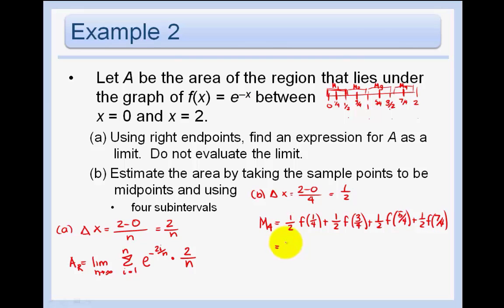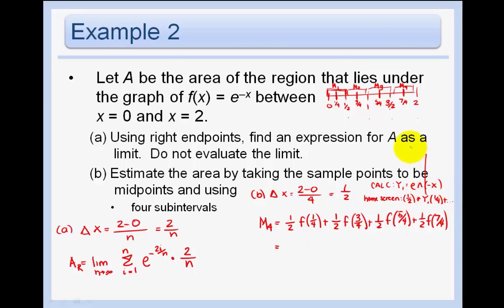And then I just put it in my calculator, really. I would go y1 equals e to the negative x. And then on the home screen, I would do 1/2 times y1 of 1/4 plus... all along.